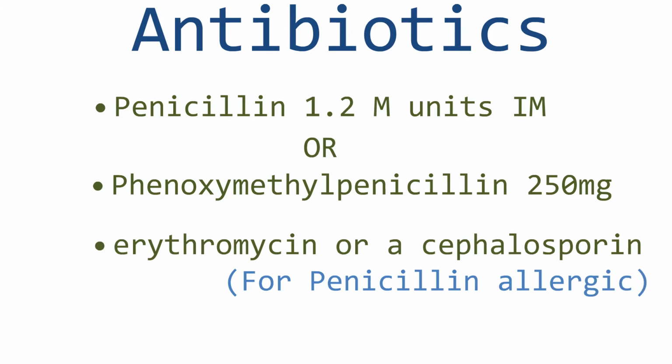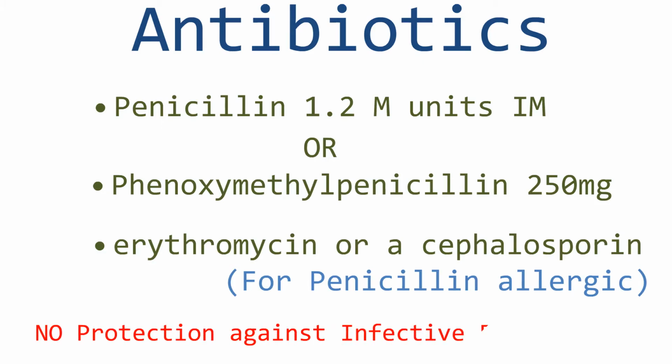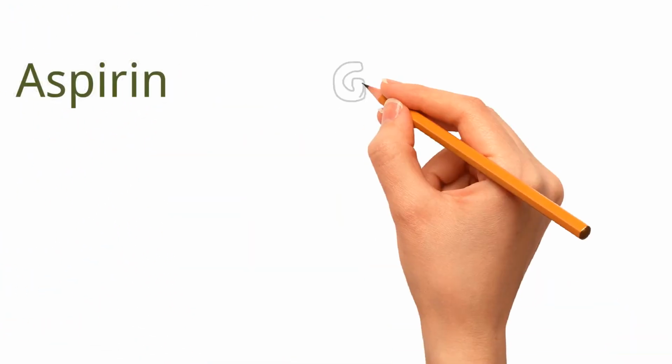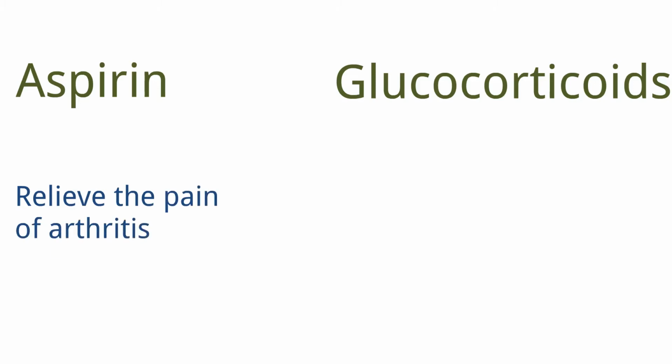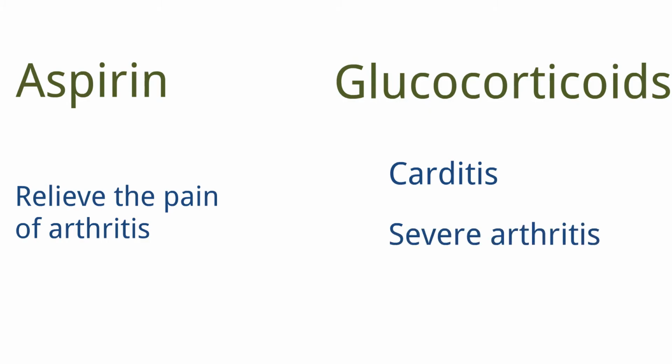Long-term antibiotics are required to prevent further attacks of rheumatic fever, but they don't protect against infective endocarditis. Aspirin and glucocorticoids. Aspirin is used to relieve the pain of the arthritis. Glucocorticoids produce more rapid symptom relief than aspirin and are indicated in cases with carditis or severe arthritis.